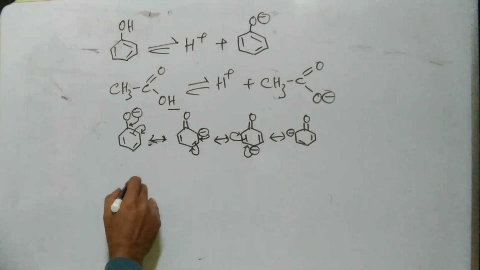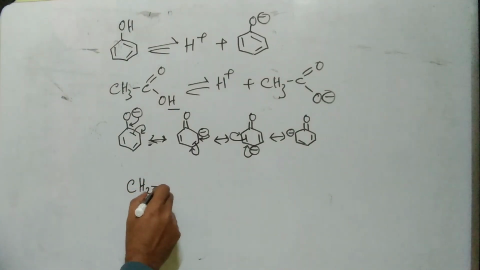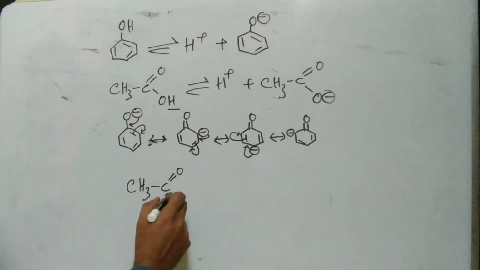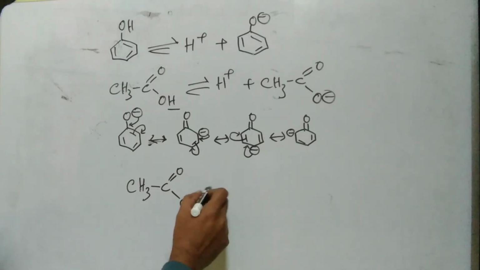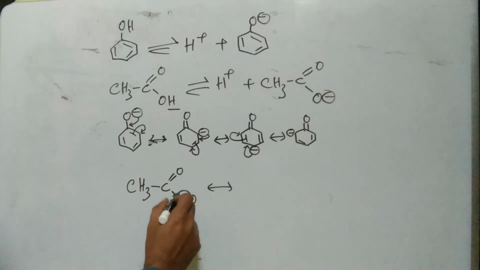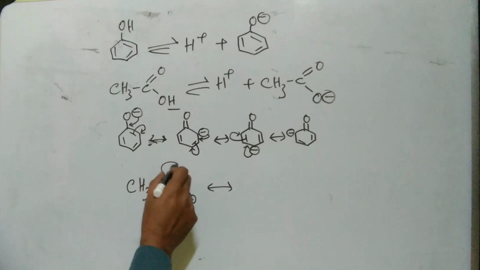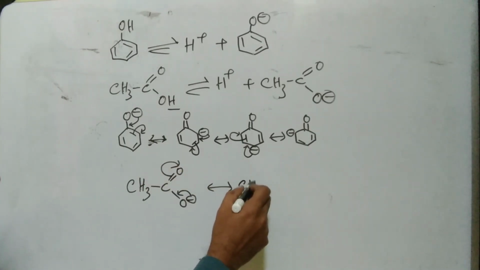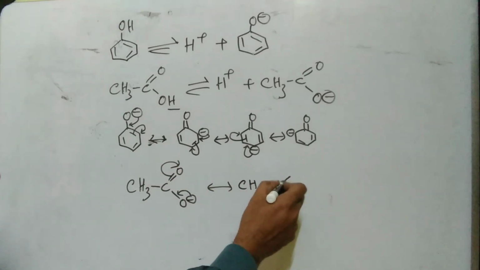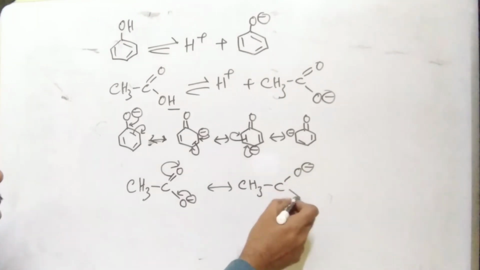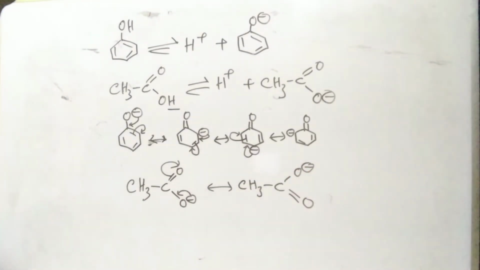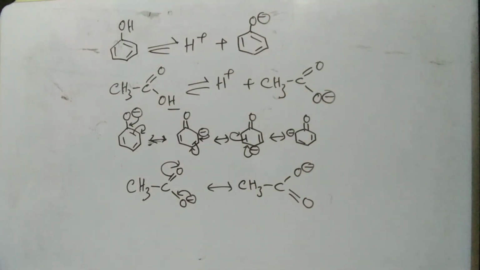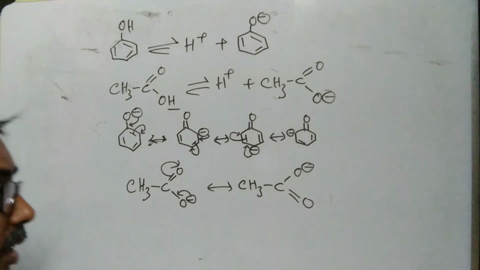Now let us consider the resonating structures of acetate ion. C double bond O, single bond O minus. Here the negative charge makes a double bond and makes a negative charge. CH3C, O minus, and double bond O, and nothing else. So the number of resonating structures of phenoxide ion is more than that of acetate ion.